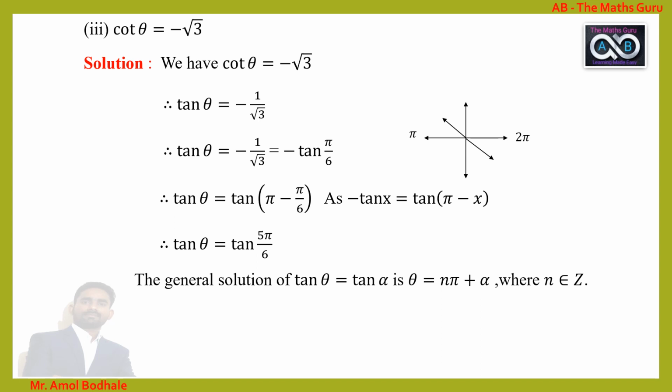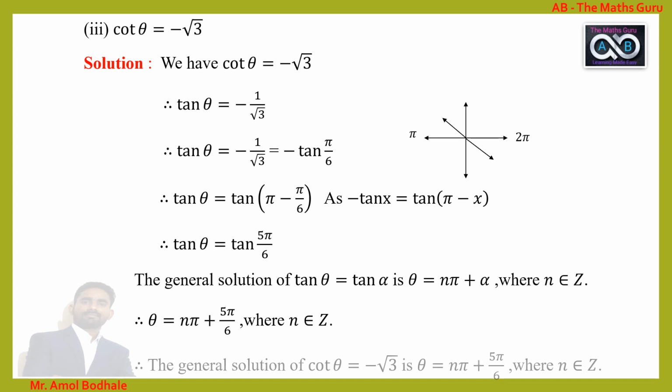We know that the general solution of tan theta equal to tan alpha is theta equal to n pi plus alpha, where n belongs to Z. So here we replace alpha by 5 pi by 6. So we can say theta equal to n pi plus 5 pi by 6, where n belongs to Z. Therefore the general solution of cot theta equal to minus root 3 is theta equal to n pi plus 5 pi by 6, where n belongs to Z.